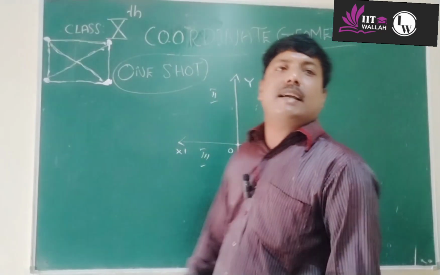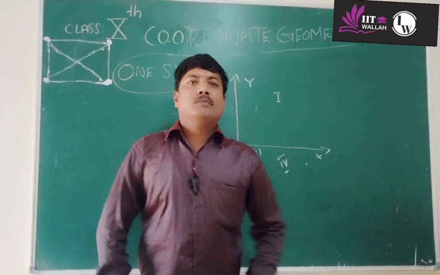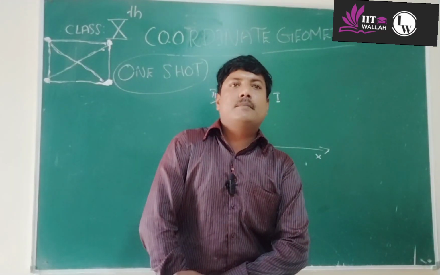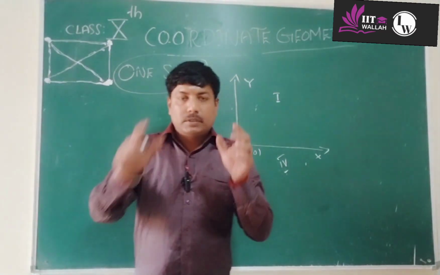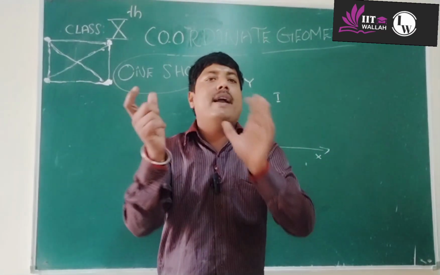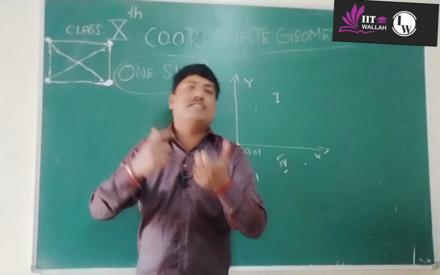And what is the equation of the x-axis? Y is equal to 0. Means you need to understand, in the x-axis y is equal to 0. In the y-axis x is equal to 0.